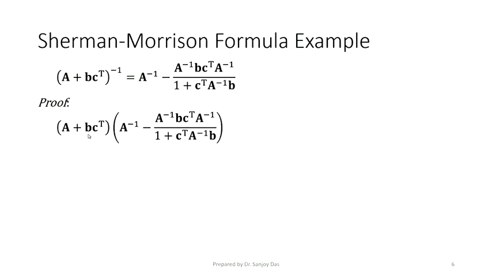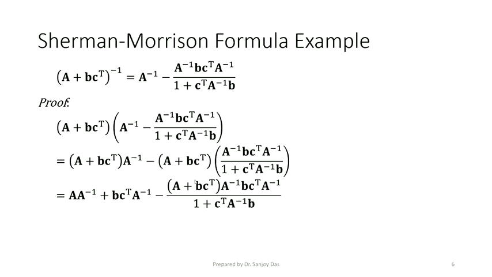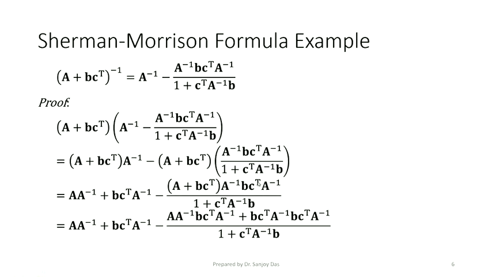Anyway, so we have this. Now let's open up this side. So we have A plus BC transpose, A inverse, negative, this times this, which is equal to this. I open this up, and when I open this up, this is what I get.